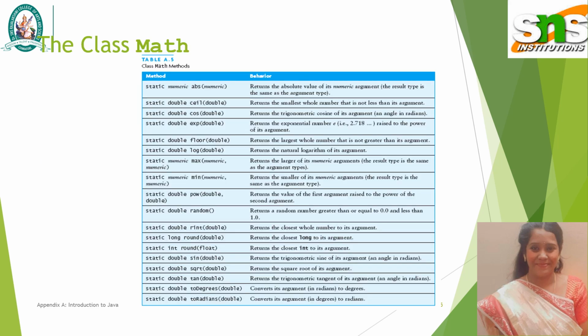The examples of the class: this is one of the library classes in Java, the class Math. The table below shows the different types of mathematical operations used in Java from the class Math.